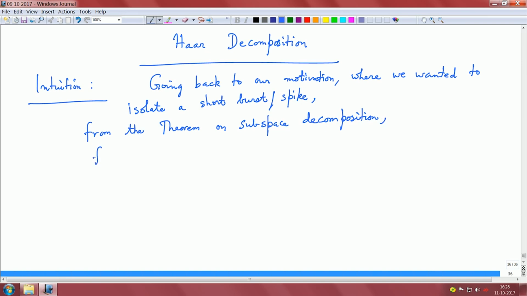We saw that Fj can be written as F naught plus some W naught plus W1 plus dot dot dot, and a component Wk belonged to space W capital Wk, with width 2 power minus k plus 1.